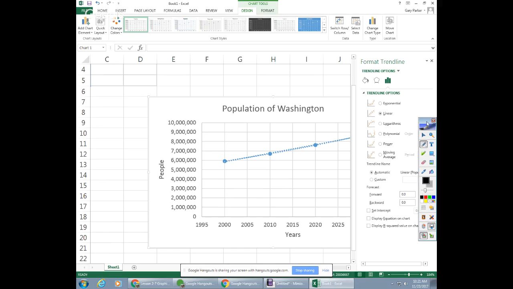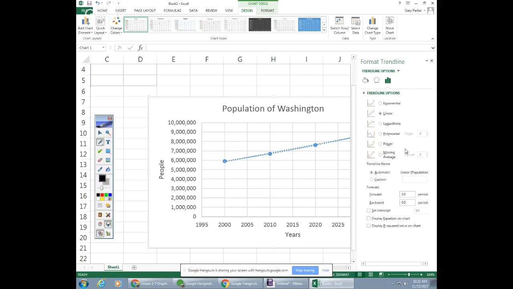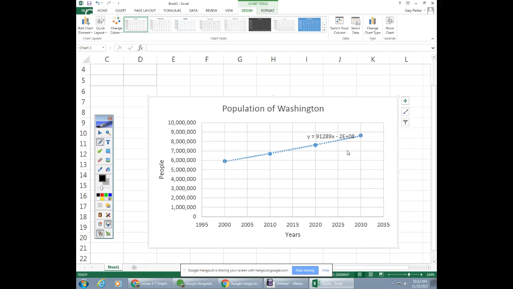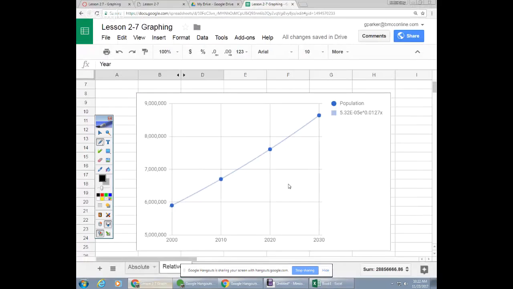And then it gives me these options here on the side. So if I wanted to see the equation, I could display it on the chart. And what should happen is Google Sheets and Excel probably use the same kind of math to do it. So whatever equation Google Sheets gave us, Excel should give us probably the same equation. Oh, this gave us a different version. Interesting. All right, we'll explore that in Math 92.